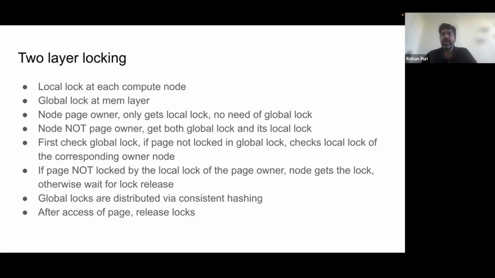So you'll have to take the global lock and the local lock of that node, because since that node had the page ownership, it might have locked that page locally and would have been writing something on that page. So you'll have to wait until that write is done to get the ownership, and then the transfer happens.